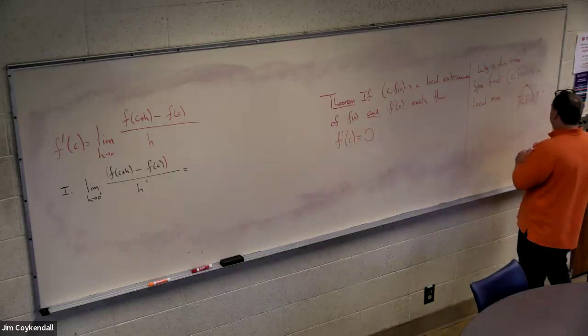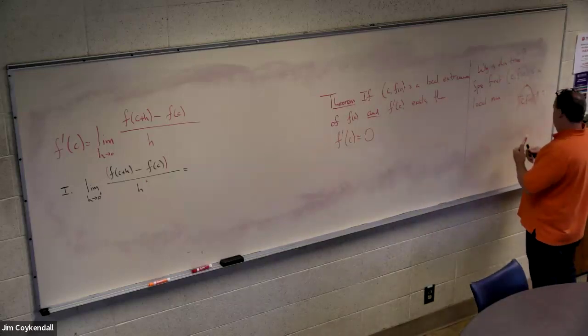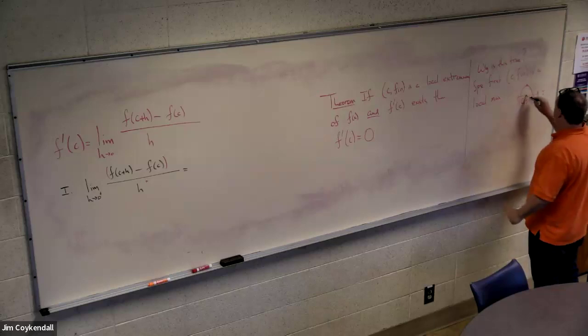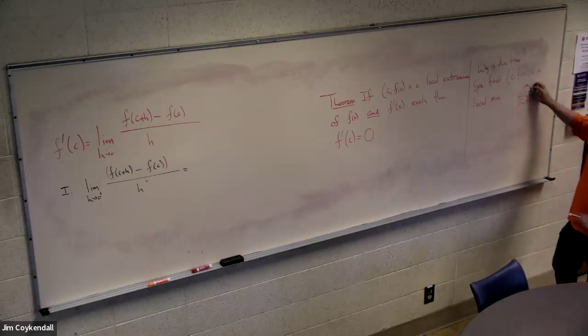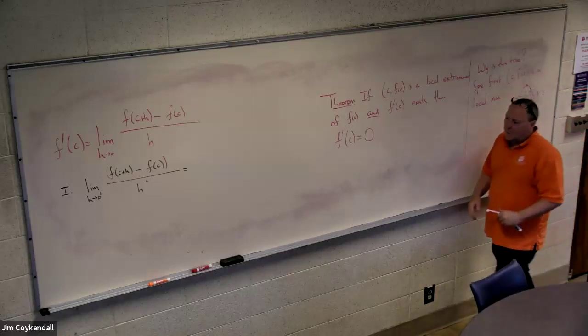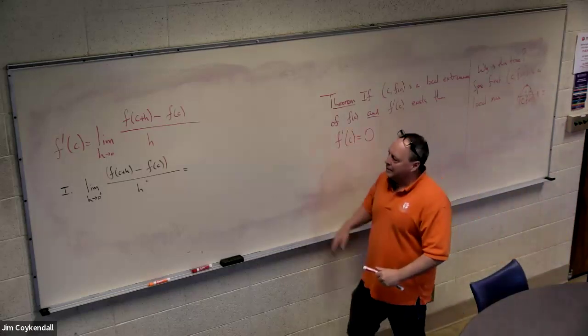Maybe this is c, and this is c plus h. What can you say about the y coordinate of this function at c plus h as opposed to the y coordinate at c? Which one's bigger? The one at c is bigger, right?